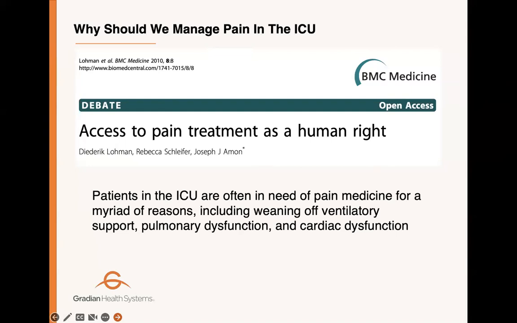It explains a lot of things, mainly about the outcomes of patients who are in the ICU. I hope after this presentation, every one of us will look into this article to learn more about how to access pain treatment and why it is considered a human right. Next.